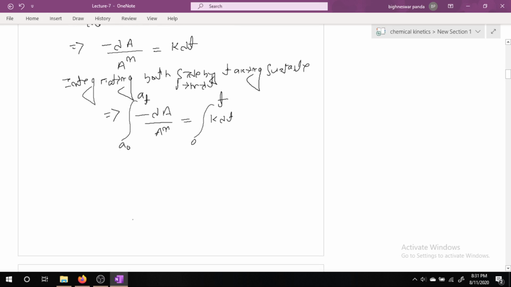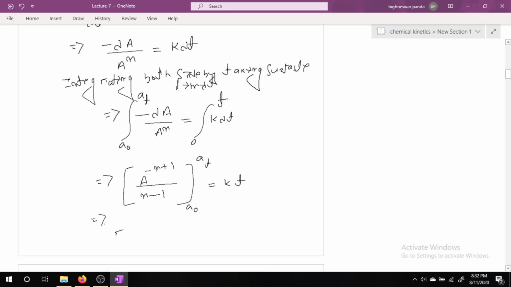It will be equal to A power minus n plus 1 divided by n minus 1, equal to Kt.